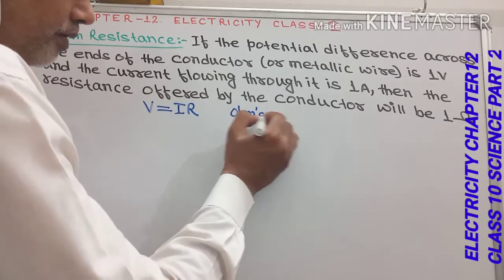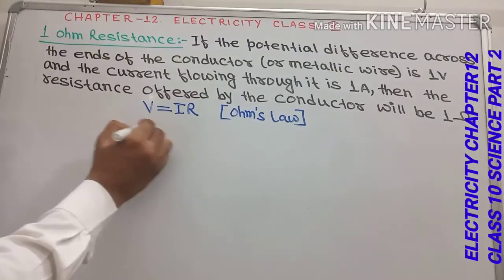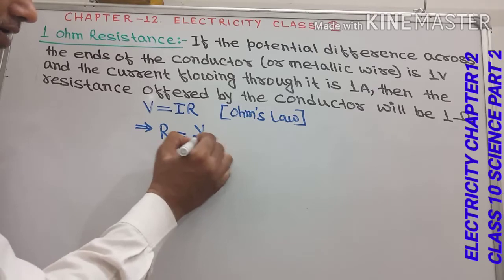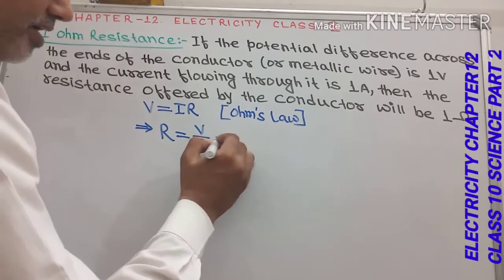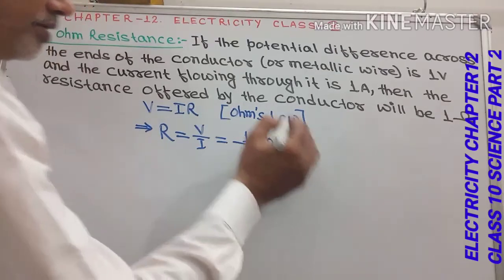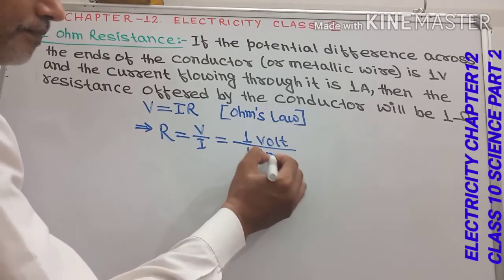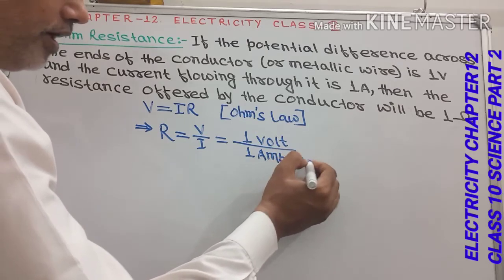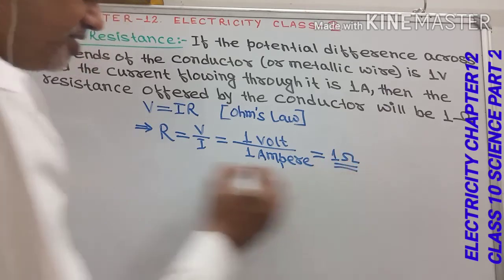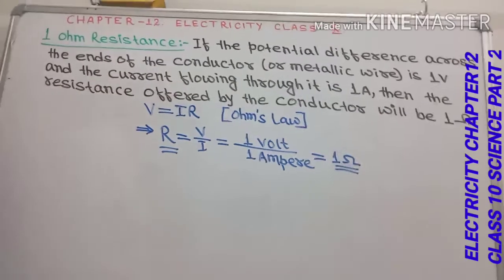According to Ohm's law, V is equal to IR and R will be equal to V upon I. So the potential difference is 1 volt and the current is 1 ampere, then 1 volt upon 1 ampere will give us 1 ohm, and this is the resistance which the conductor is offering due to its property.